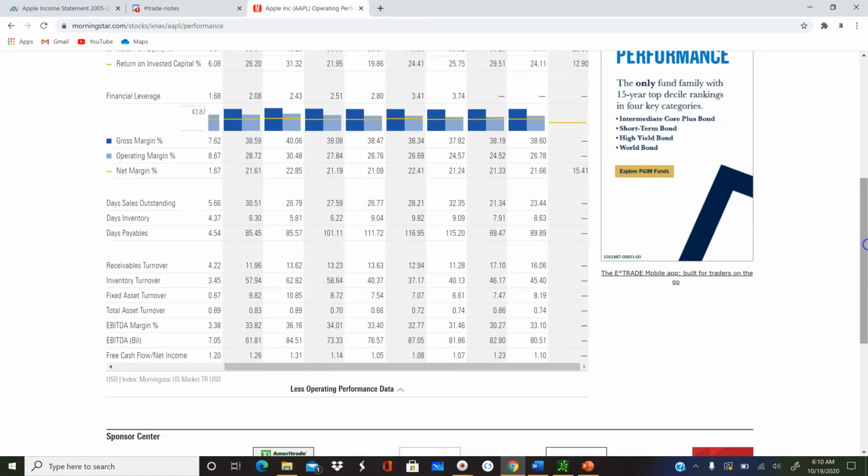So let's take a look at Apple's total asset turnover. For the same period, 2019, 0.74. Again, compare that with competitors, see how its competitors' total asset turnover stacks up, and that'll give you an idea of where Apple ranks in the standings. That's pretty much it.